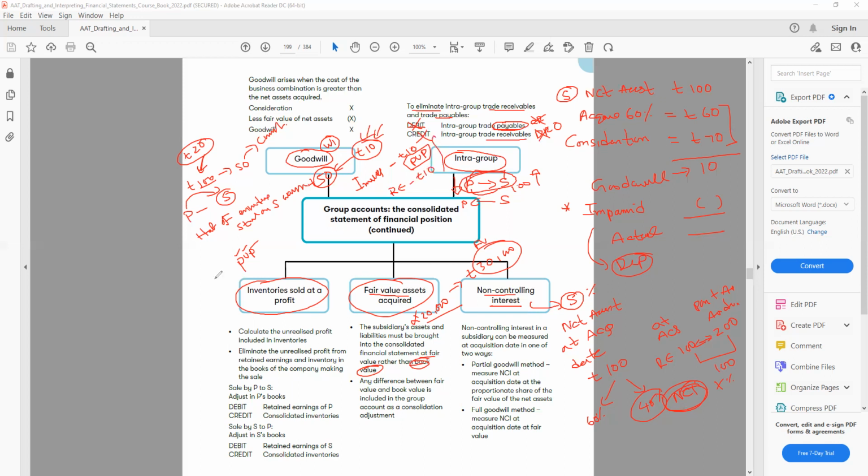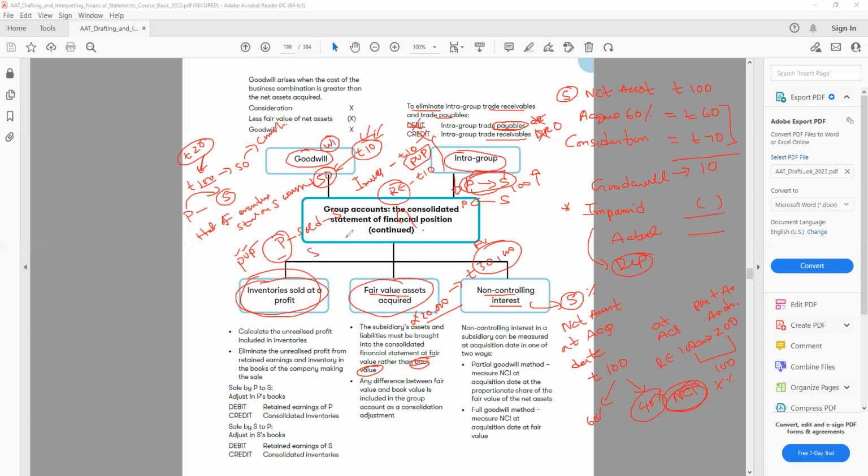So any profit on the inventory, we have to minus it from two places, one from the inventory and one from the retained earnings. Now, with retained earnings, we have to be careful about one thing: from which company's retained earnings? From the parent or from the subsidiary? Remember who sold the product. If the parent is the company who sold to the subsidiary, then it has to be minus from the parent.